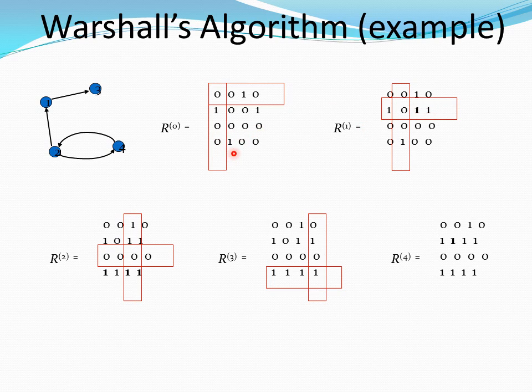Next all are 0. This is R1. Now take the second column and second row, like this, and fill the matrix. Then take the third row, third column, then the fourth row, fourth column. This is the final output.